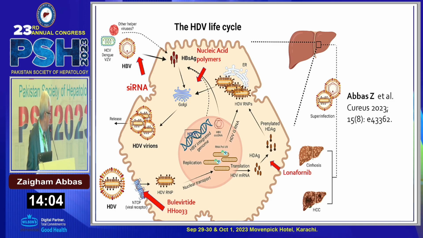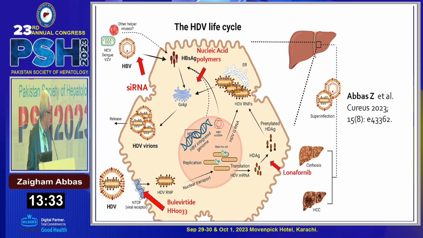When the hepatitis D virus ribonucleoprotein enters, replication takes place in the nucleus. From the nucleus, we have HDV genomic RNA, which is released, and hepatitis D antigens that are released. There is a process which is called prenylation, which is the modification of the lipid component of the delta antigen.